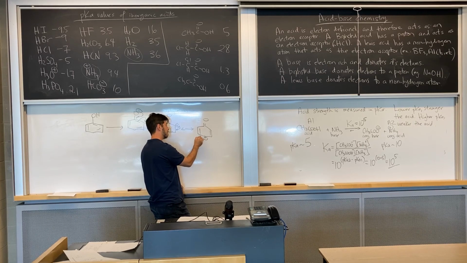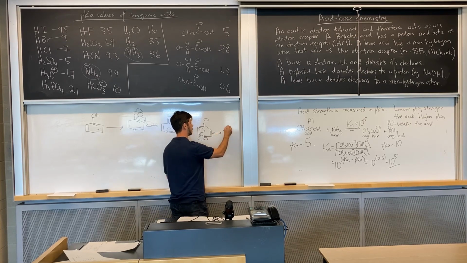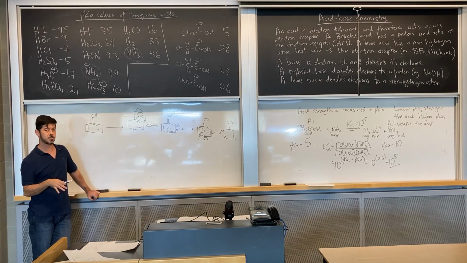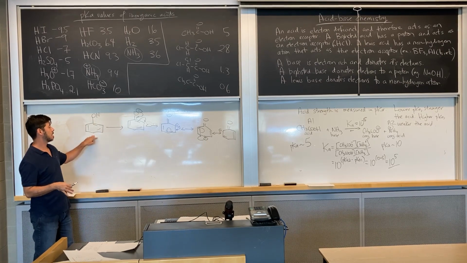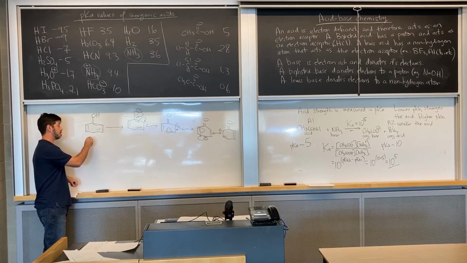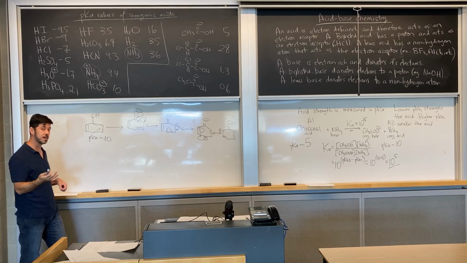Or lastly, you can put the negative charge on this carbon. So, because you can delocalize the electrons so well, phenol has a pK that's much lower than 15 or 16. The pK is around 10, and that's because of that resonance effect.